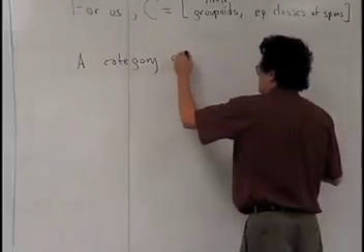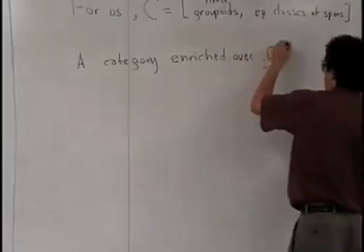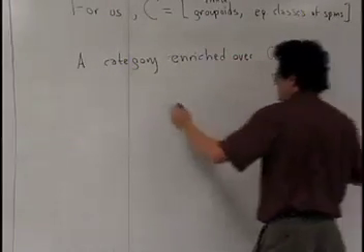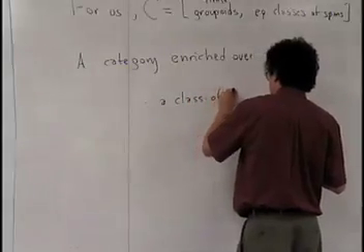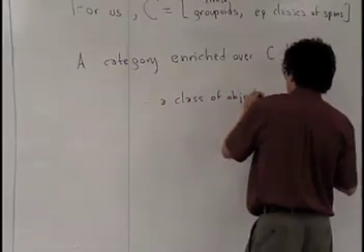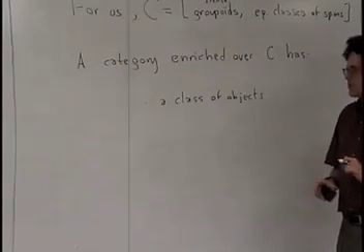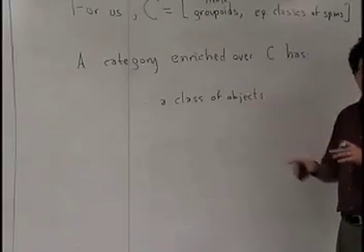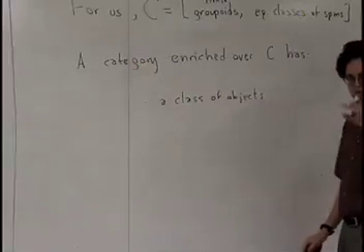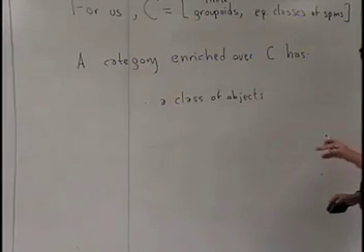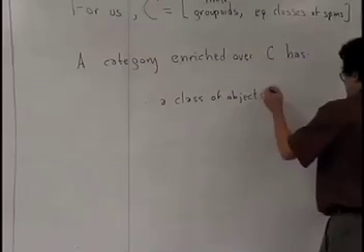So a category enriched over C has a class of objects. I'm calling it a class now just to point out that when we're going from ordinary categories to enriched categories, we're not messing with the fact that you have a set or class of objects. It's the hom thingies, where we're waving the magic wand, that are turning sets into objects here. So we have a class of objects.